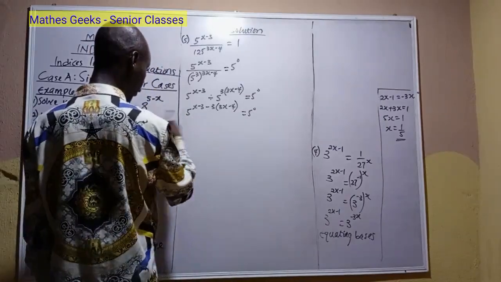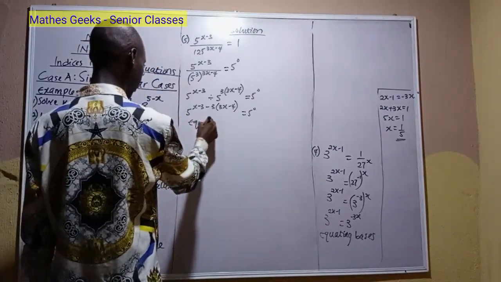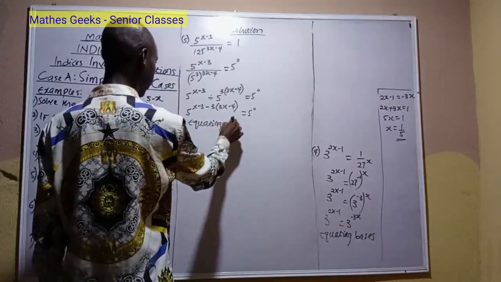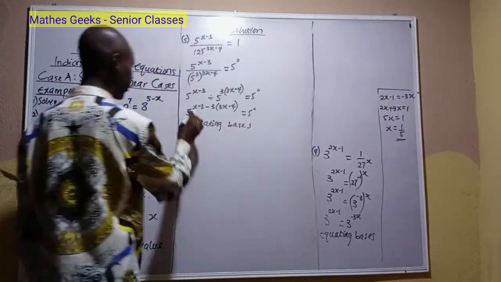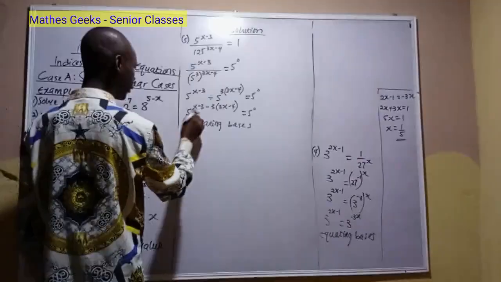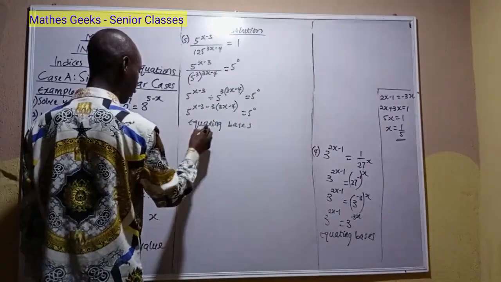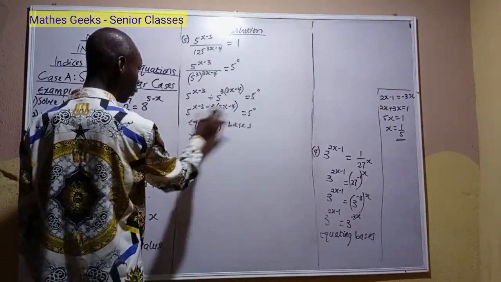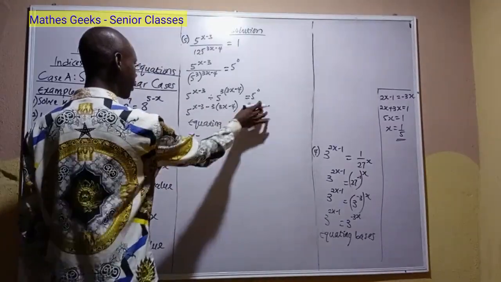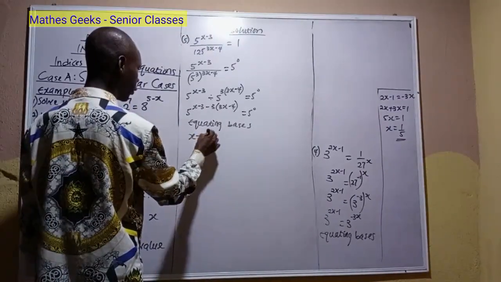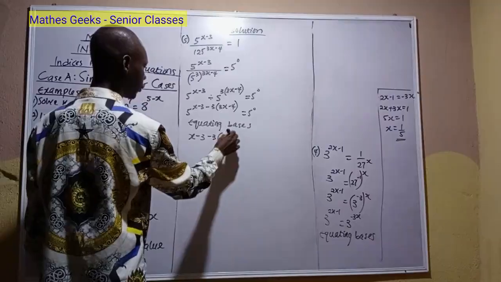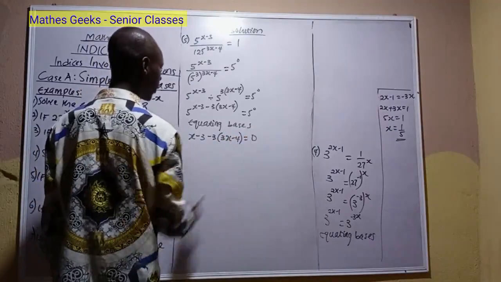So it's equating bases. The bases are the same, so the powers are also equal. Rather, bases are equal, so the powers are also equal. x minus 3 minus 3 times 3x minus 4 equals 0.